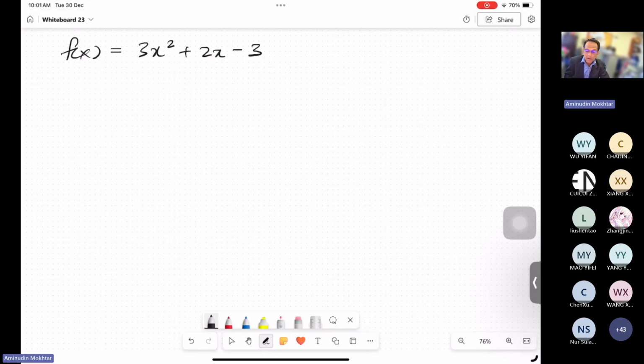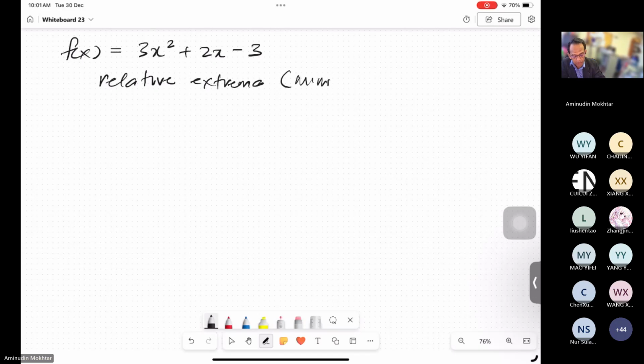We want to find the relative extrema, which is also known as the minimum or maximum point.